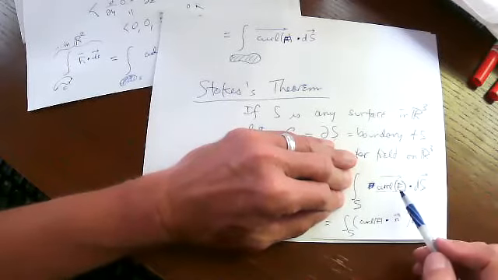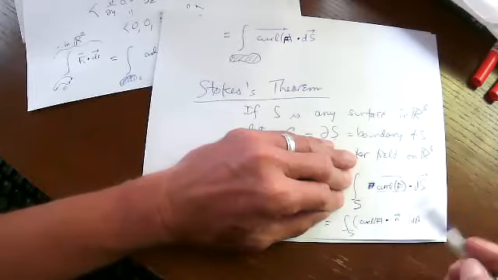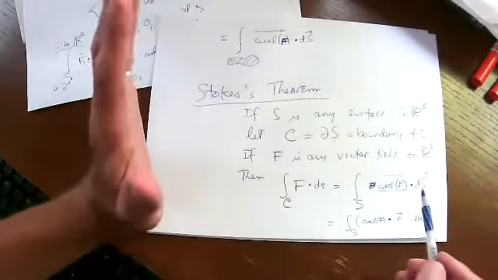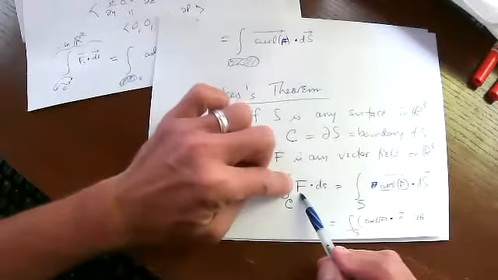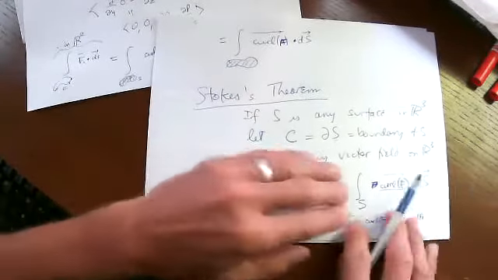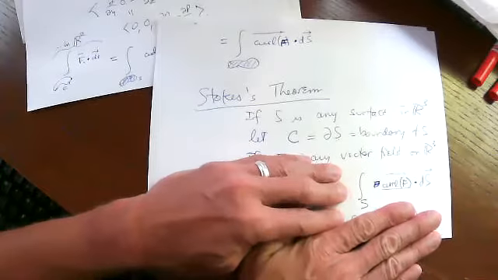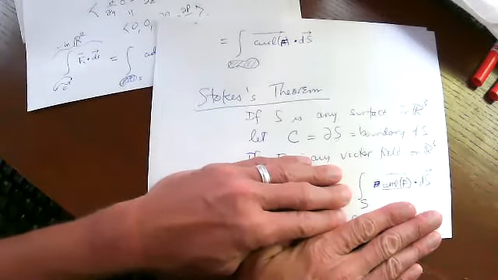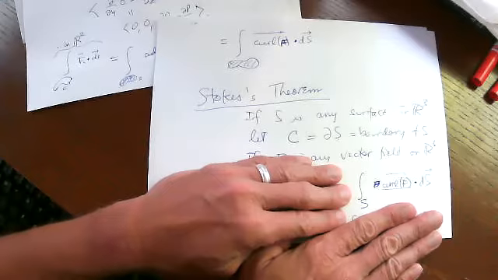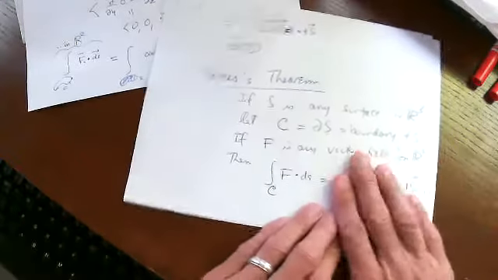And that's not true of every vector field. Not every vector field in three-dimensional space is the curl of a different vector field. And even if it is, it can be a hard job to try to figure out what the original F was if I just give you this one. So it isn't a panacea that's going to help you avoid calculating those surface integrals, but it can be useful in some circumstances to turn one of those into one of these.